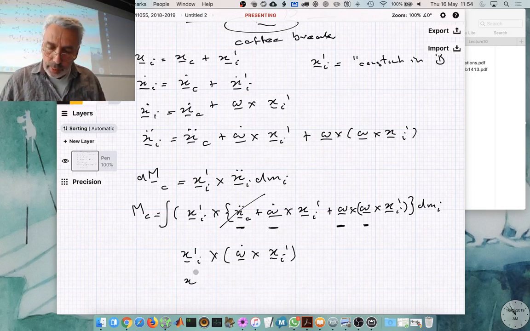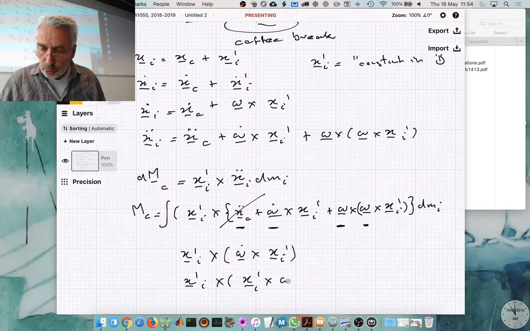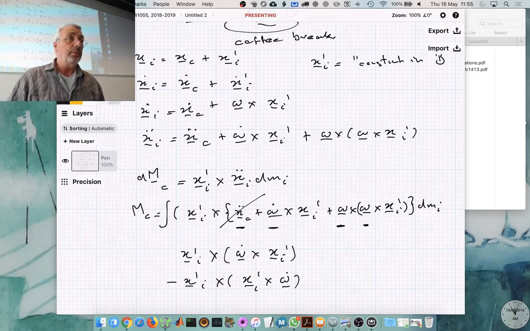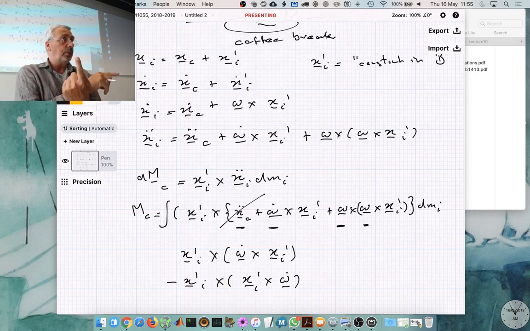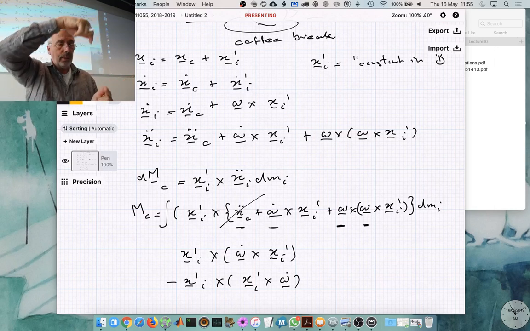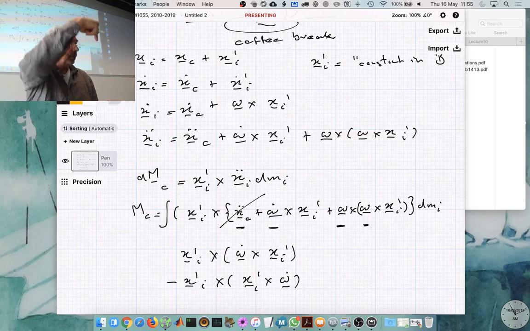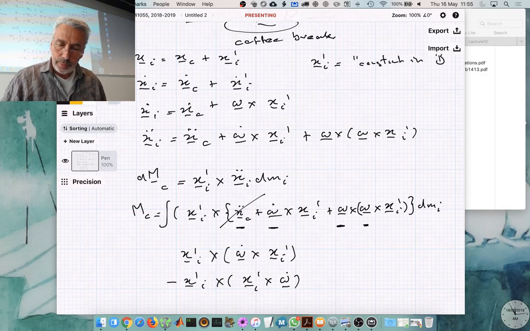I'm going to write it as x prime i cross product with xi prime cross product omega dot. And if I do that, I have to put a minus sign in front of that because I changed the order of the cross product, so it's not plus but minus. It's just a change in sign.